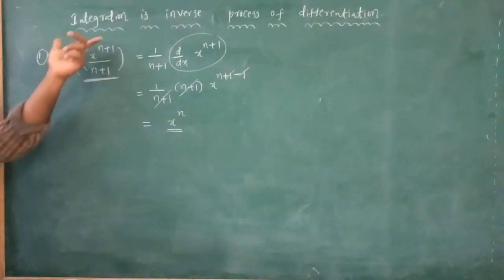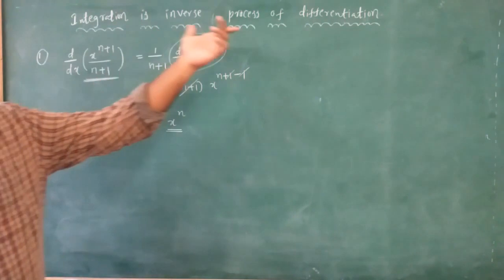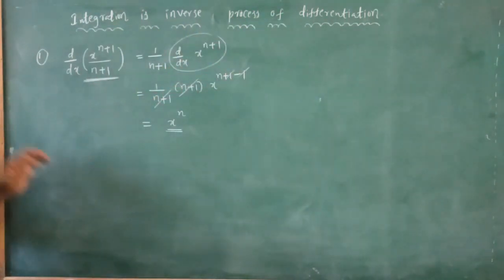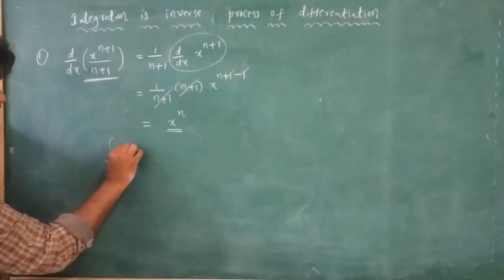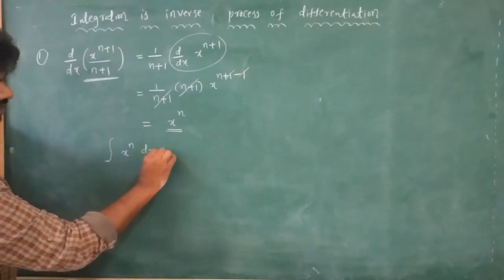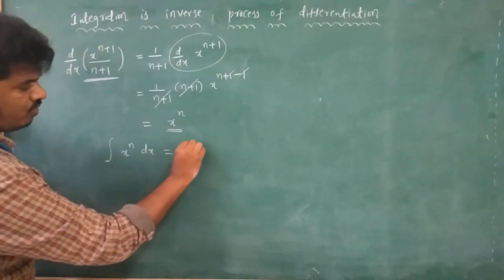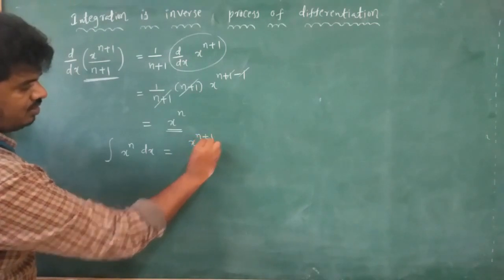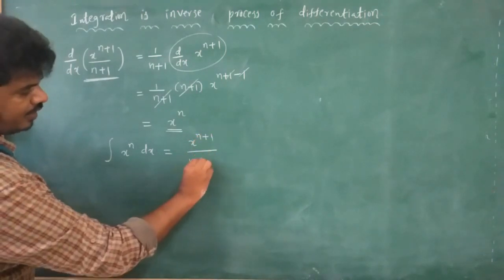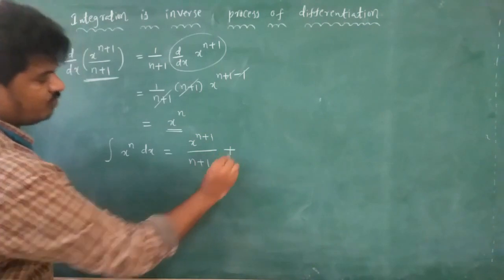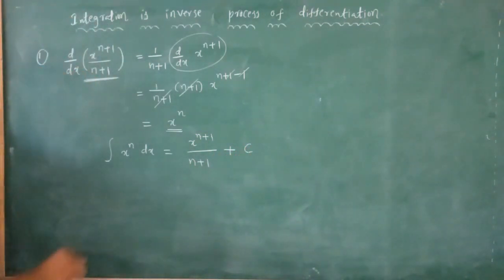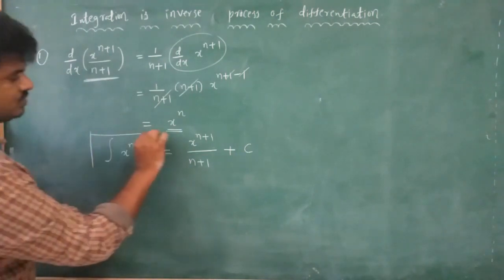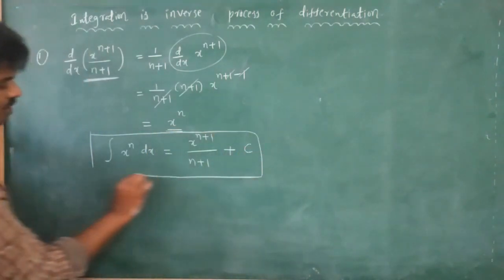Here integration is the inverse process of differentiation. So what is the integral of x^n dx? That is x^(n+1) divided by n+1 plus, we have to take that arbitrary constant, or constant of integration. So it is a very important formula.